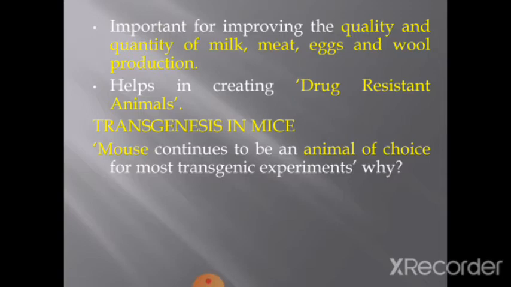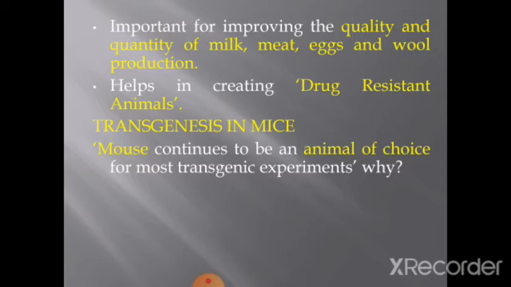After having understood the definition of transgenesis, after having learned a few new terminologies, after having learned the significance of transgenesis, now we should learn transgenesis in mice. How are you going to produce a transgenic mouse?